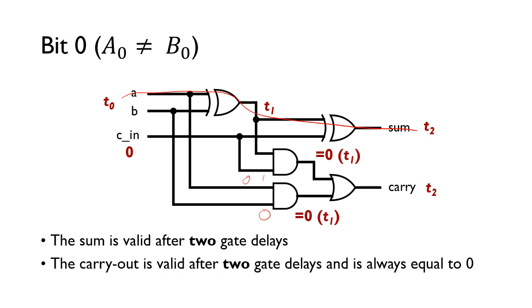So we could have this case or this case, but in both situations, this node will be equal to 0 at time 1, and because this is the first bit in the chain, the carry in is 0, so this node is 0 at time 1. So again, the output will be carry of 0 at time 2. So we can see for the first full adder in the chain, the sum is always valid after 2 gate delays, and the carry out is valid after 2 gate delays.